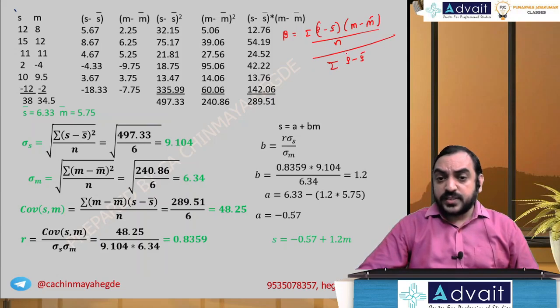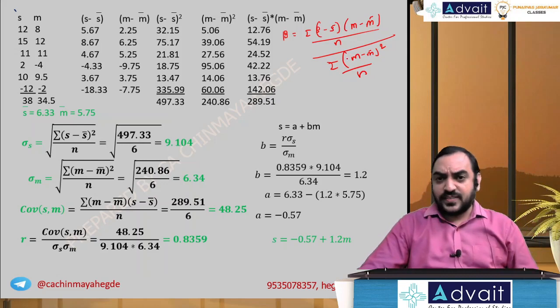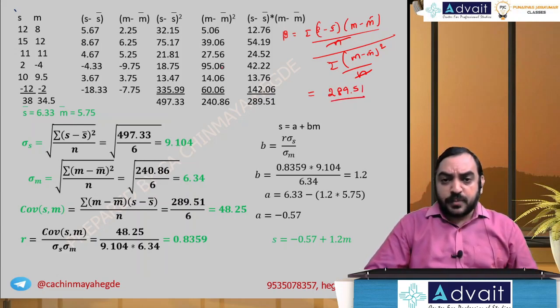Summation m minus m bar whole square divided by n. Square root is standard deviation; if I take the square root out, that is only variance. And if I cancel n and n, what remains? Summation s minus s bar into m minus m bar, which is this 289.51, divided by summation m minus m bar whole square, 240.86.